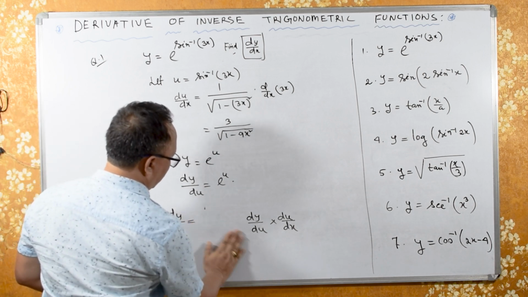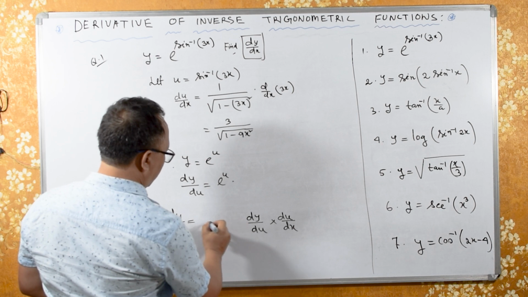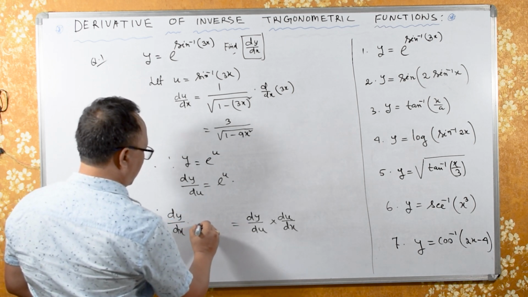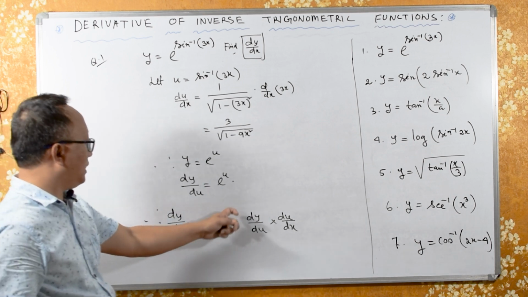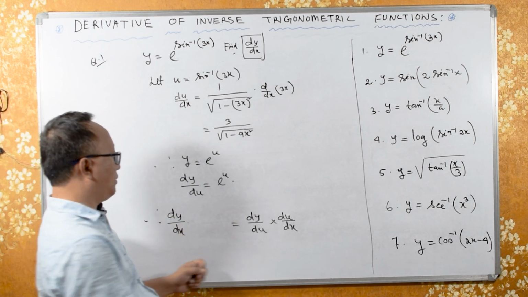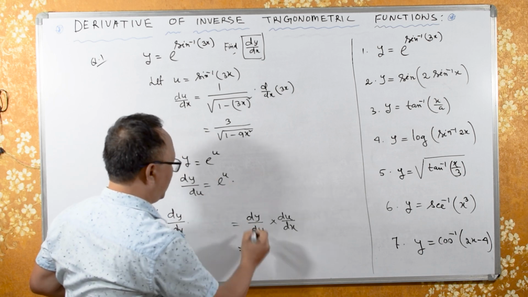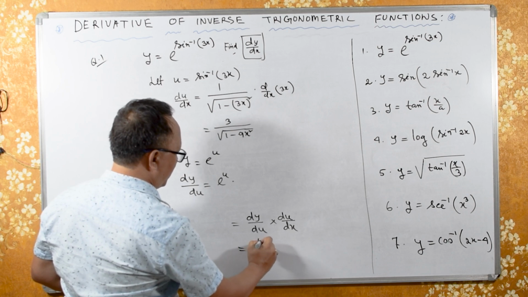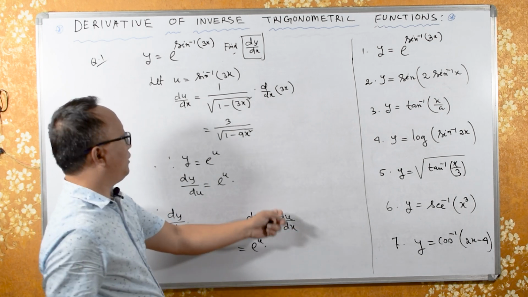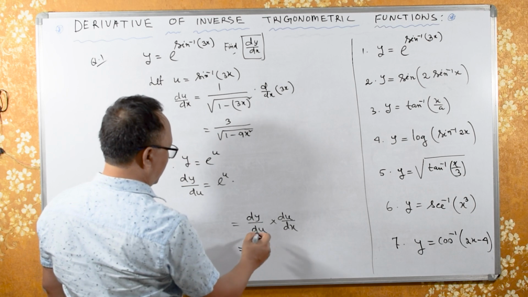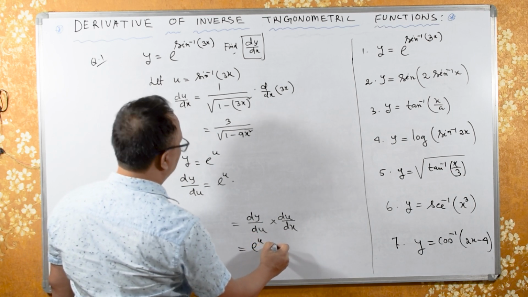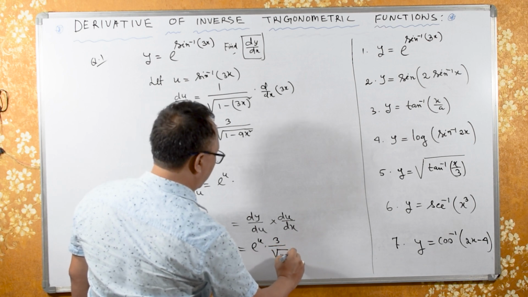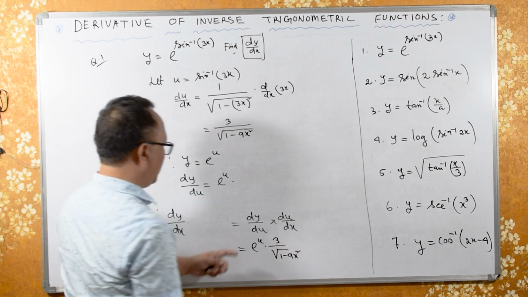It's better to write like this. dy by dx is this. So what is dy by du? dy by du is e raised to u, and du by dx is 3 upon square root of 1 minus 9x square.